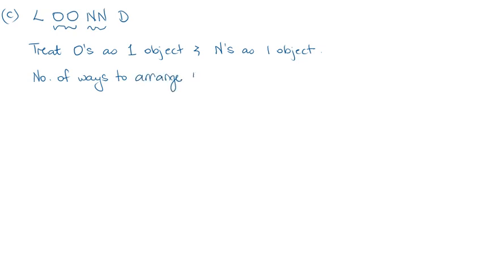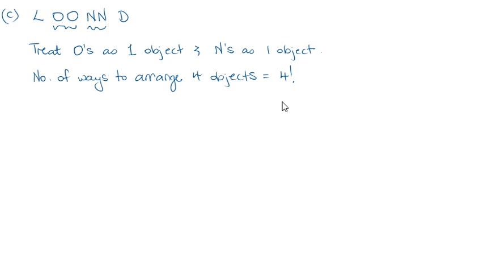And that would be 4 factorial because we're treating this as 1, treating this as 1. We have a single L, a single D, so we're not dividing by anything. So it's just 4 factorial.